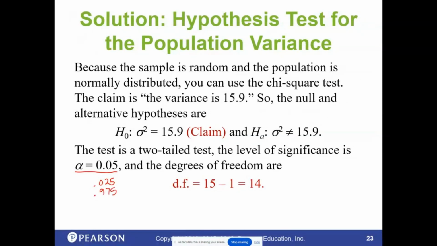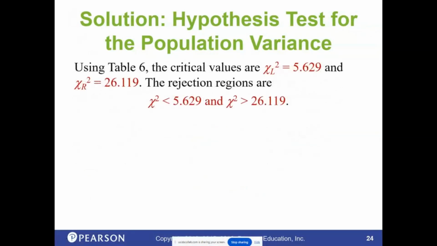So I look at 0.025, 0.975, and 14 on my table. Okay, that gives me values of 5.629 and 26.119. So the rejection regions are going to be less than 5.629 and greater than 26.119.